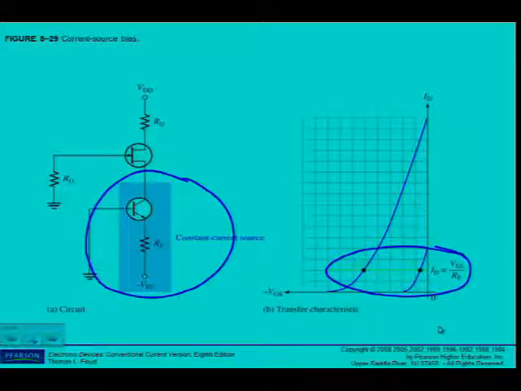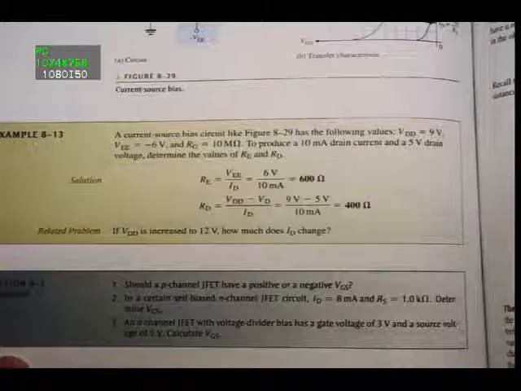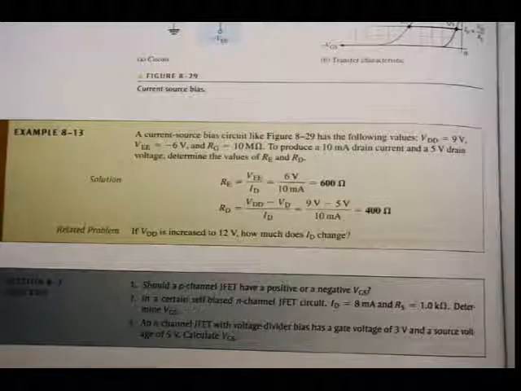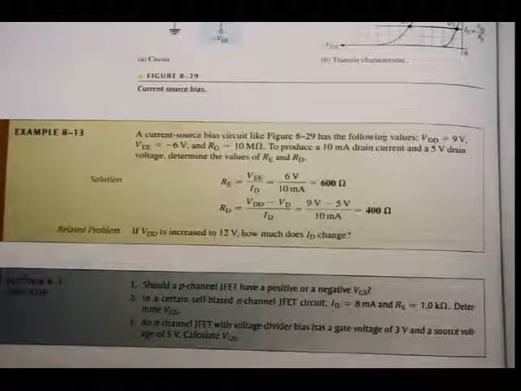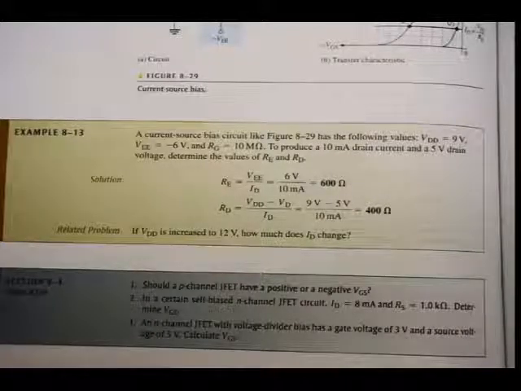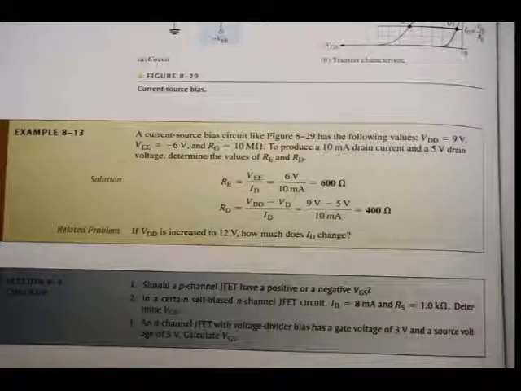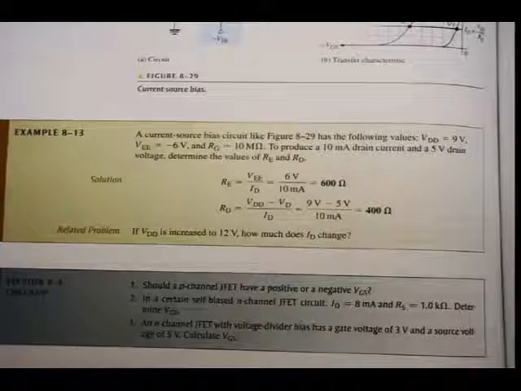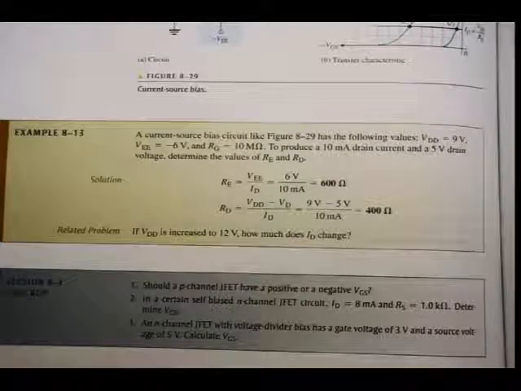Alright, then example 8.13 on page 392, just doing some calculations to calculate the resistor values. A current source bias circuit, like in figure 8.29, has the following values: VDD is 9 volts, VEE is equal to minus 6 volts, and RG is equal to 10 megaohms. Remember, we talked earlier about this value of RG, and we said we choose a large value, normally in the range of 10 megaohms.